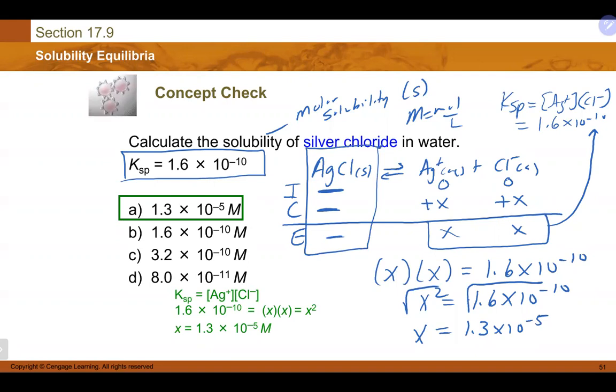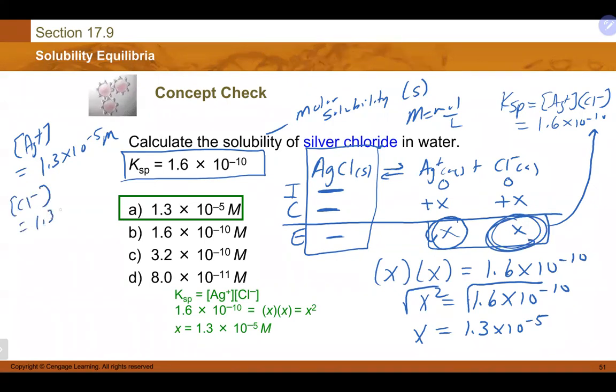This value is what X is. That is the concentration of silver at equilibrium, so the molar solubility of silver would be 1.3 times 10 to the minus 5 molar. For chloride, the solubility would also equal X, so the chloride's concentration at equilibrium would be 1.3 times 10 to the minus 5 molar.